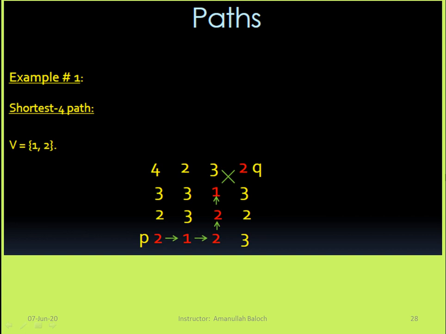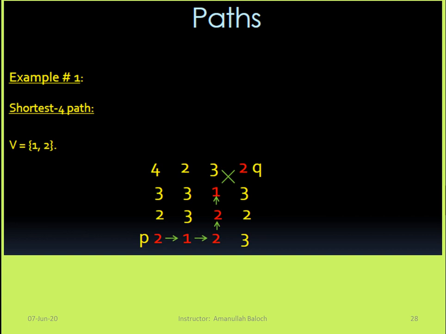So here you may see there is no shortest 4 path from P to Q. We have to find the shortest 4 path, but there is no shortest 4 path between P and Q, because at the last position we cannot move from this pixel to this pixel Q, because it is not 4 adjacent, it is a diagonal pixel. So shortest 4 path does not exist between P and Q.